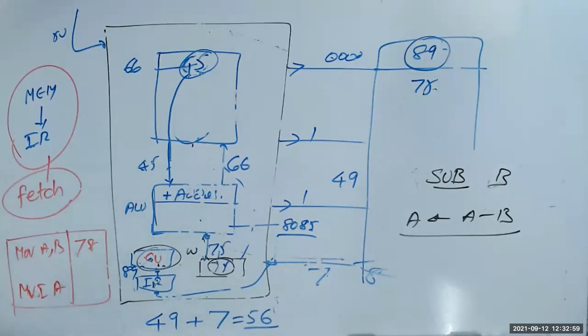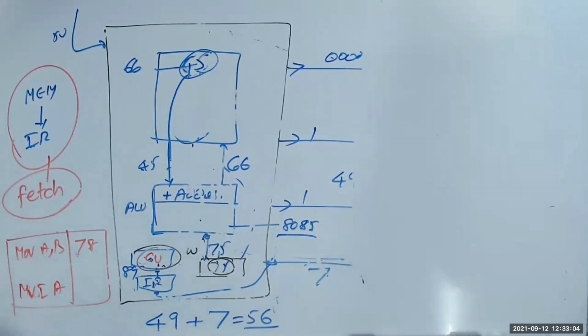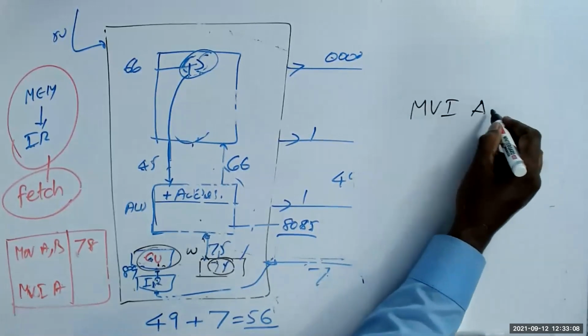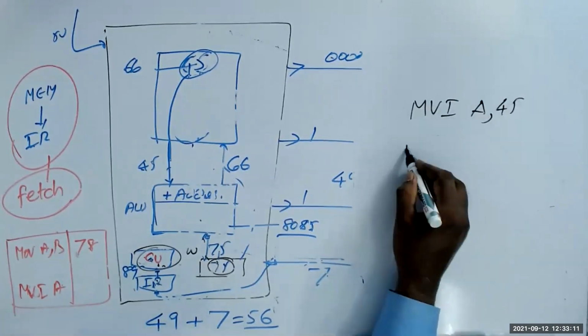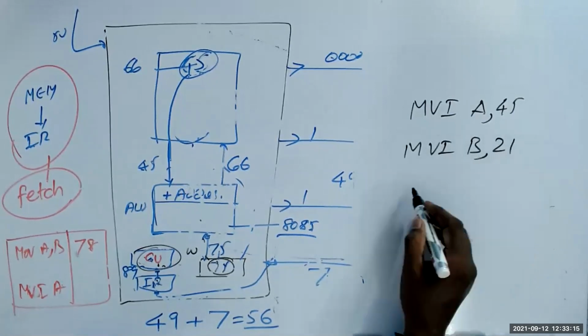And for example, if I write this code now, try to understand. I say move immediate A comma 45. Move immediate B comma 21.